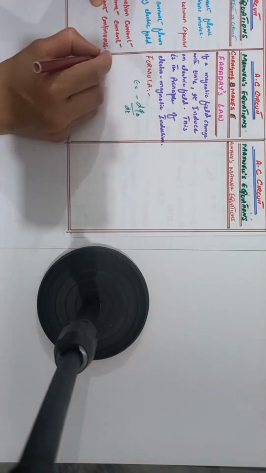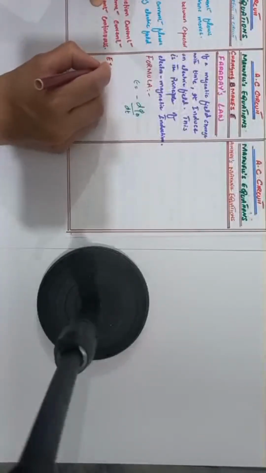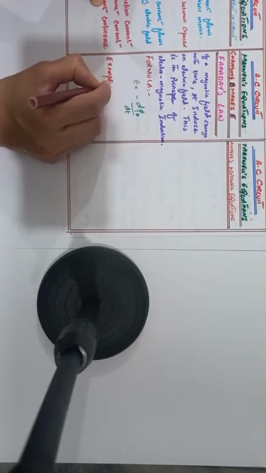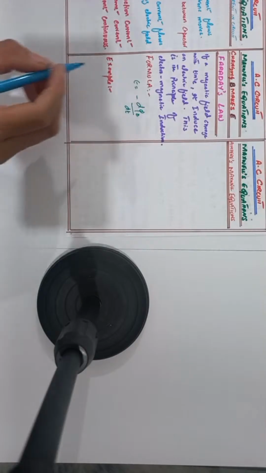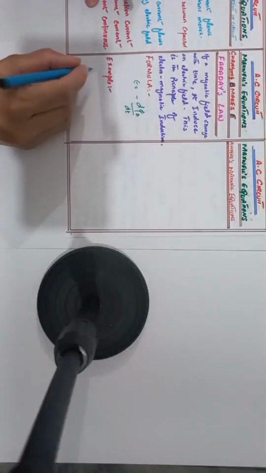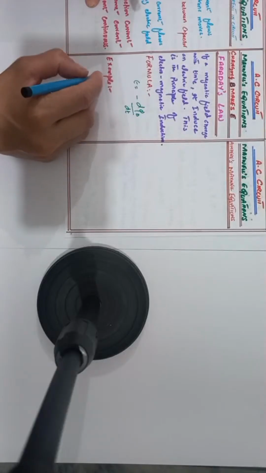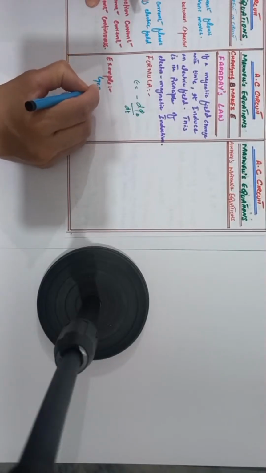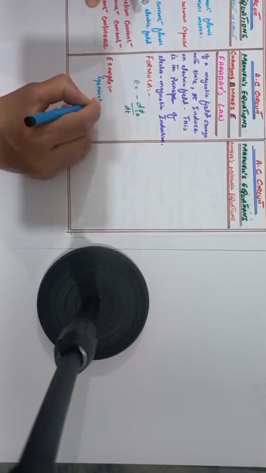If we write an example where we use Faraday's law, we use it in the generator. A generator works on the principle of Faraday's law, because a changing magnetic field induces current.